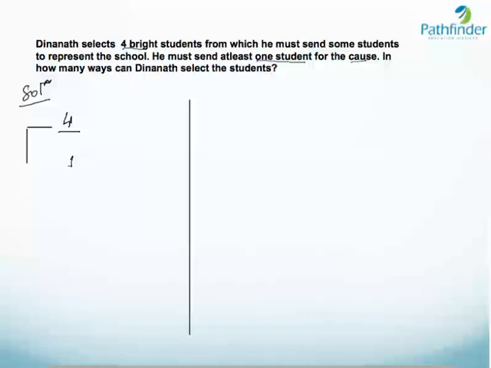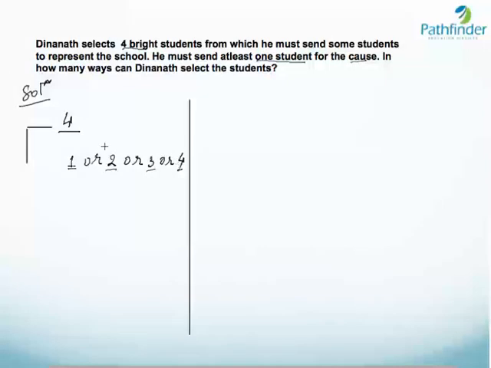So what can he do? He can either select 1 student, or he can select 2 students, or he can select 3 students, or he can select all the 4 students. Now these 4 cases are mutually exclusive. That means if Dinanath selects 1 student to represent, he will not select 2 students to represent.